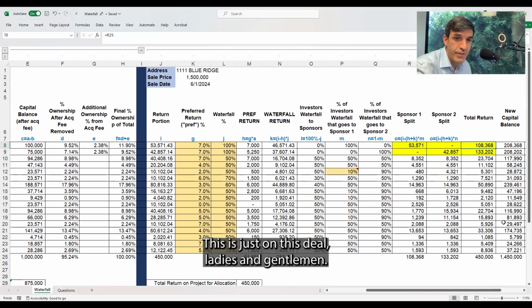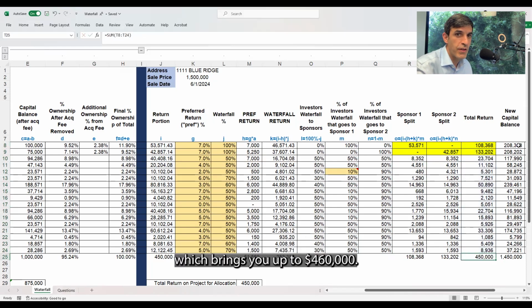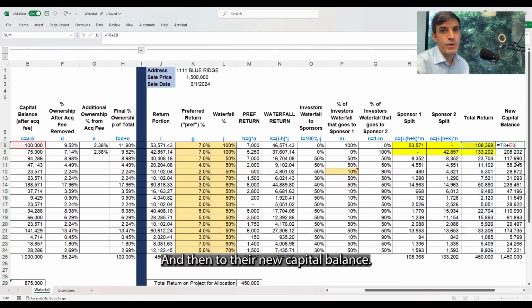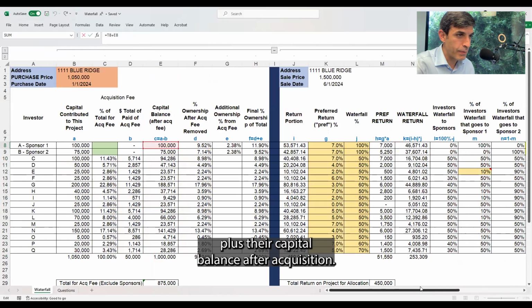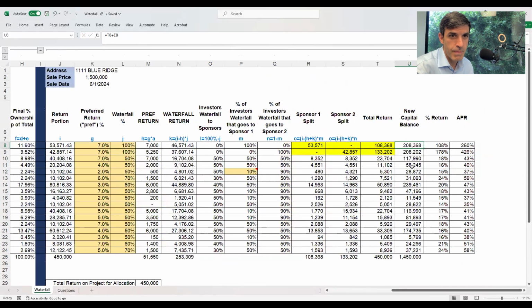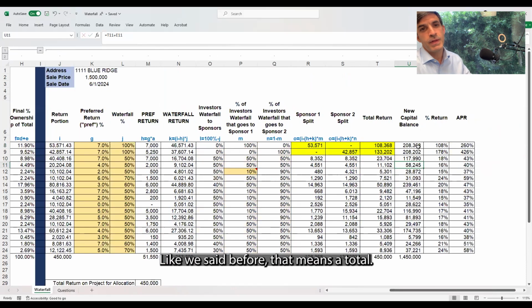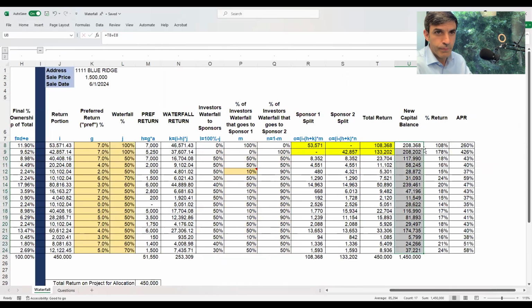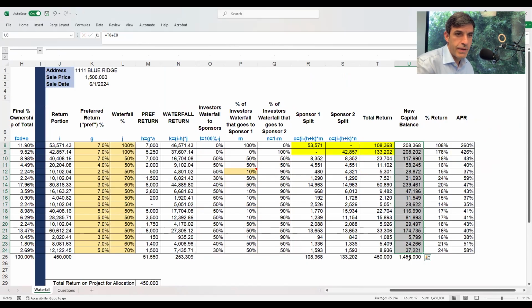This is just on this deal, ladies and gentlemen. If you look at this, these are the total returns allocated, which brings you up to $450,000. Their new capital balance is going to be this 108,000 plus their capital balance after acquisition. And for the investors as well, that means the total, and we get a new capital balance of 1.45 million.